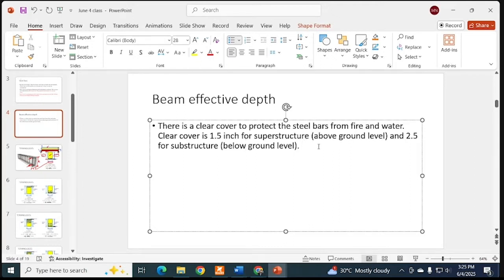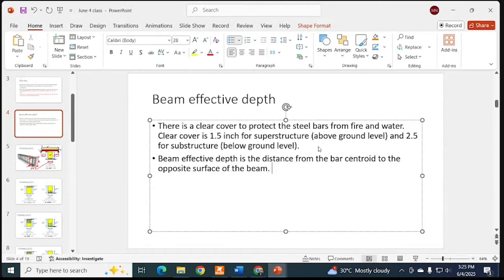Then to calculate the beam effective depth, effective depth is the distance from the bar centroid to the opposite surface of the beam.